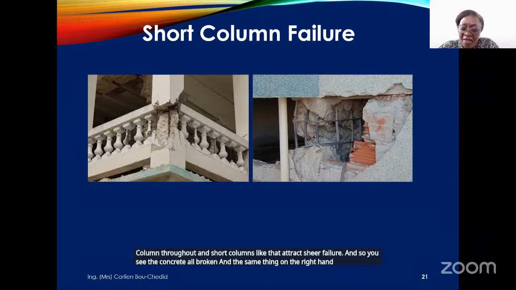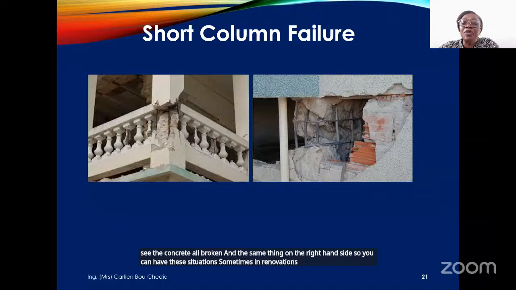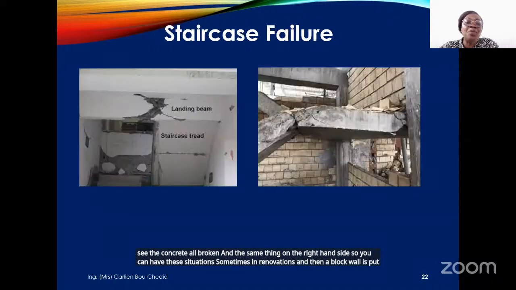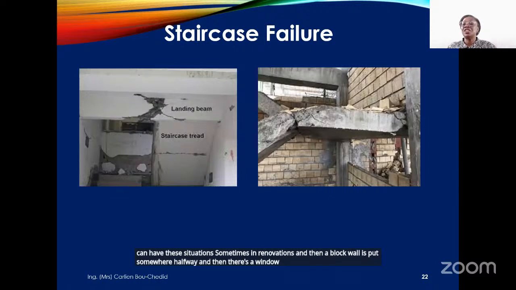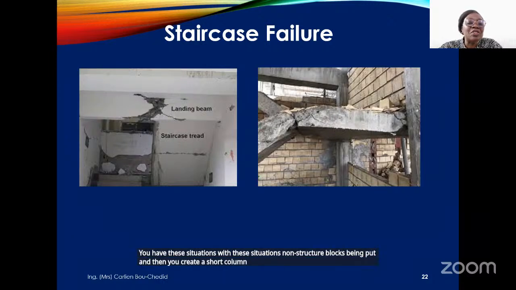So you can have these situations sometimes in renovations, where a block wall is put somewhere halfway, and then there's a window. You have these situations with non-structural blocks being put, and then you create a short column which was not designed as a short column, and then you have these failures.